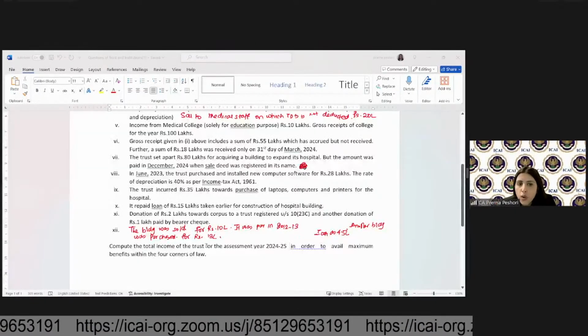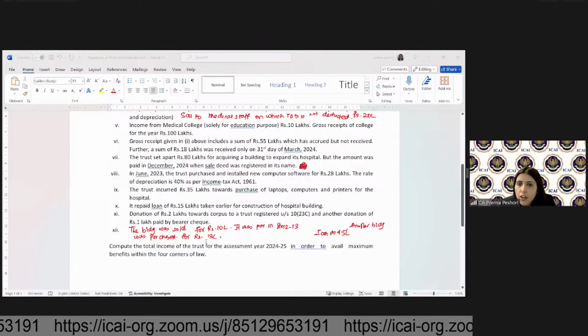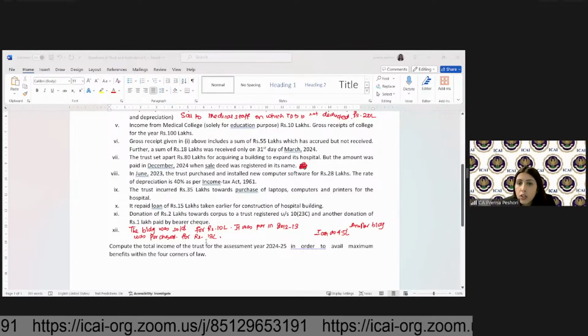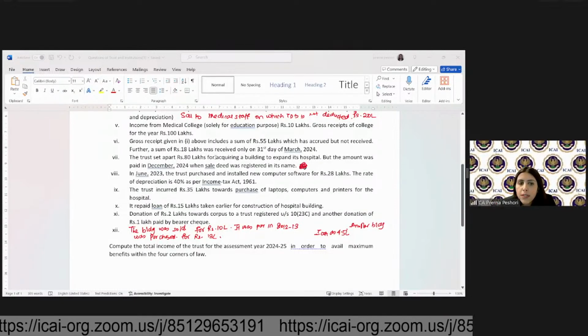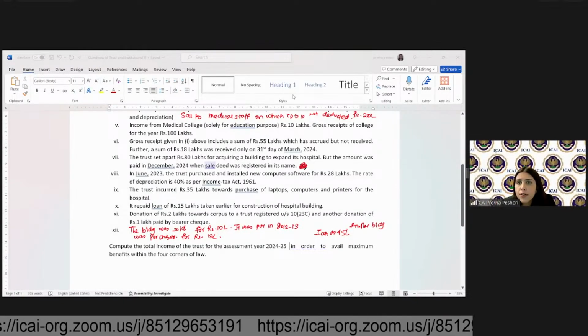donation of rupees 2 lakh towards the corpus to a trust registered under 12AB, and another donation of rupees 1 lakh paid by bearer cheque.